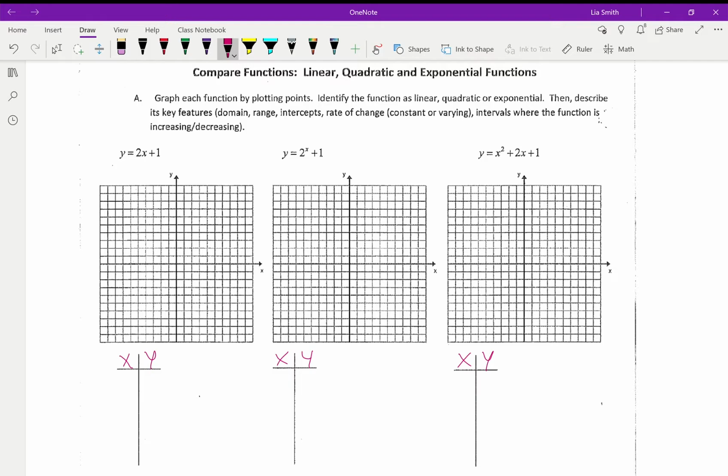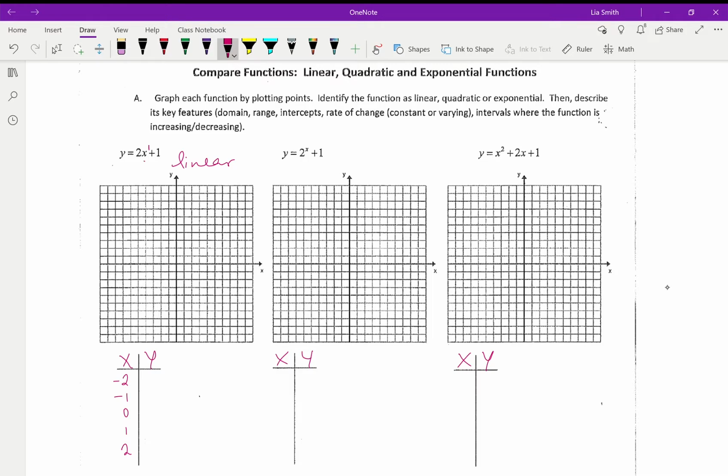This first one would be an example of a linear function, and I know that because the exponent on the variable x is just 1. So we could plug in -2, -1, 0, 1, and 2. That gives me a pretty good center point of my graph, so those are great 5 points to do. To find the y value when x equals -2, I replace x with -2.